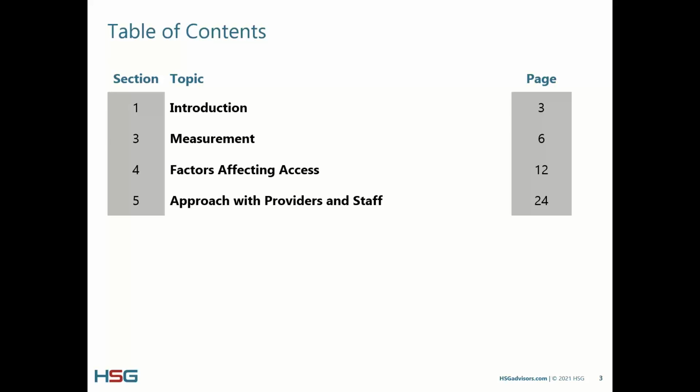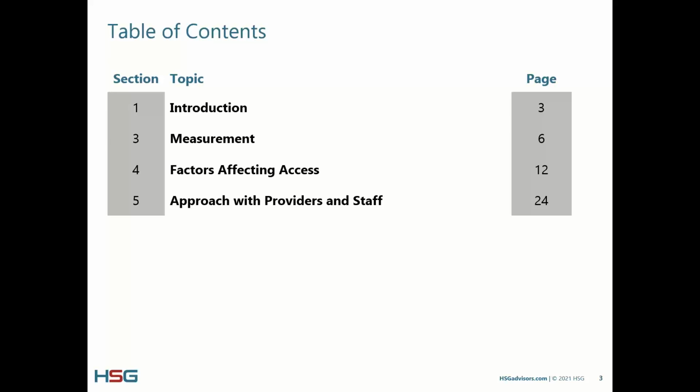Today we'll talk a little bit about the introduction, why patient access is important to network operations and sustainability, how patient access can be measured so that you can determine whether you feel access is, quote, adequate or not, and then the multiple factors affecting access.